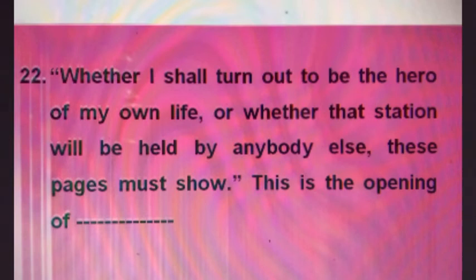Question number 22. Whether I shall turn out to be the hero of my own life, or whether that station will be held by anybody else, these pages must show. This is the opening of Dash.